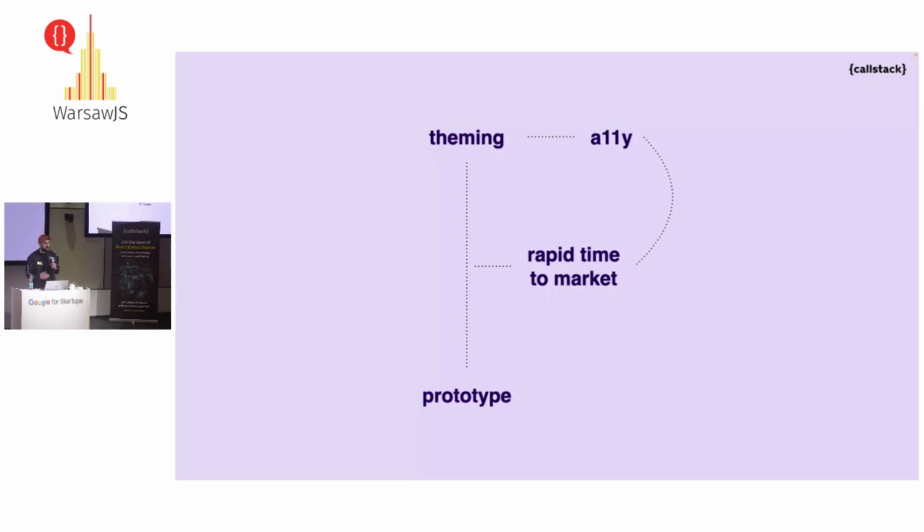And we do our best to provide components created for everyone. So we take care of compatibility with screen readers and also right-to-left languages. Those three aspects pay off in development process acceleration and rapid time to market.